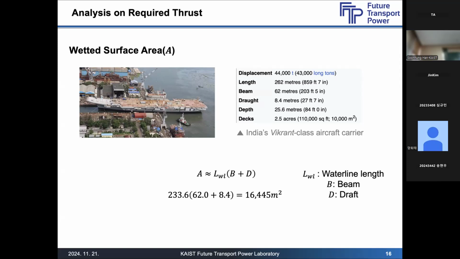So you cannot match the required power using renewable energy. So I guess you may use renewable energy for additional fuel cost saving during peacetime, not battle time.